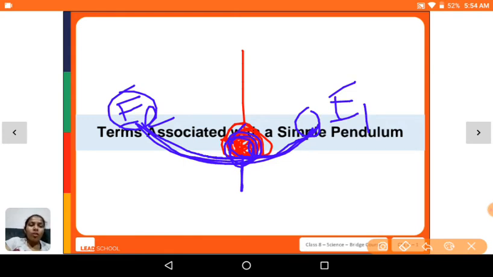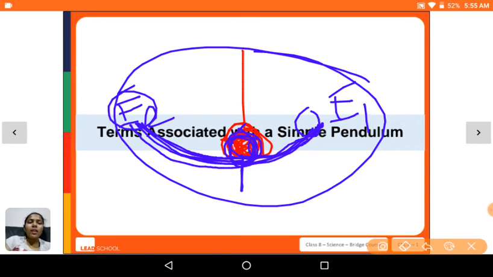Now what is oscillatory motion? Oscillatory motion is just one movement from mean position to extreme position, to mean position, to the other extreme position and then back to the mean position. So this single rotation is oscillatory motion.